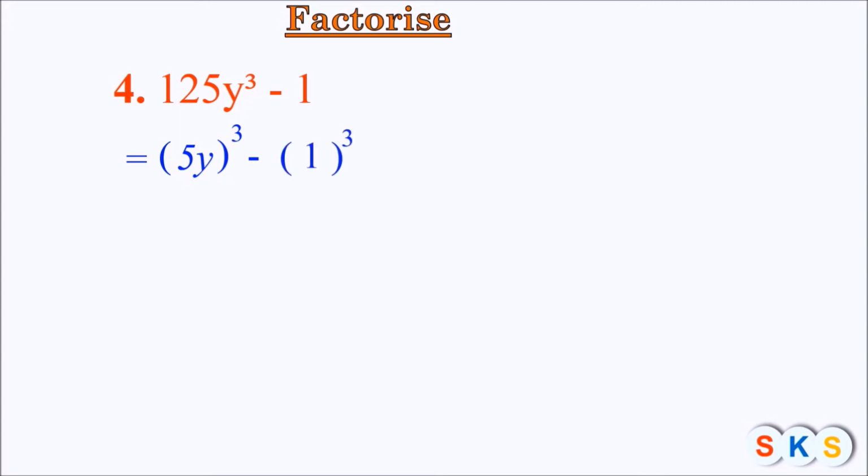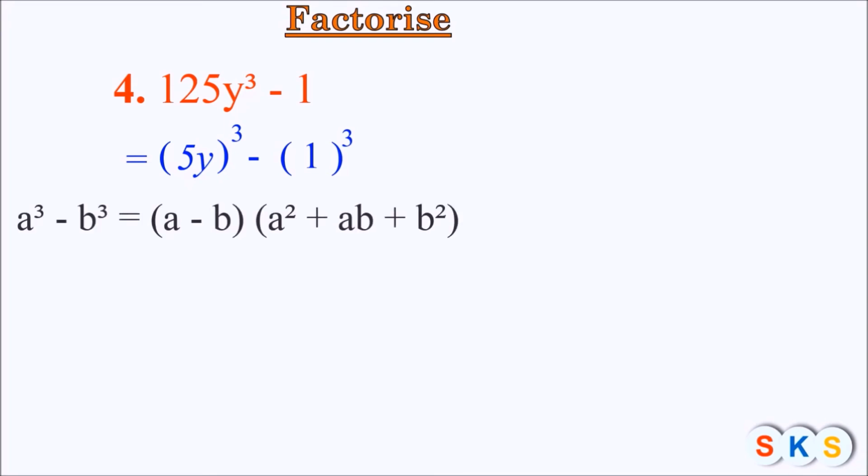Now you can see that this question is converted into the form of a cube minus b cube. So to factorize this, we will use the formula a cube minus b cube, which is equal to a minus b into a square plus ab plus b square. Now you can see the first term is the cube of 5y.